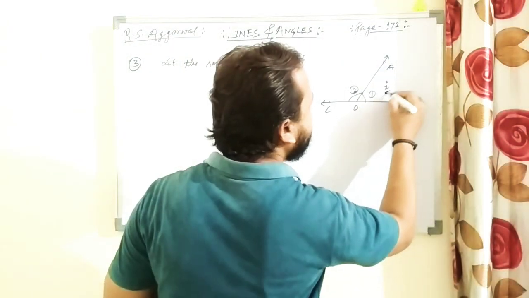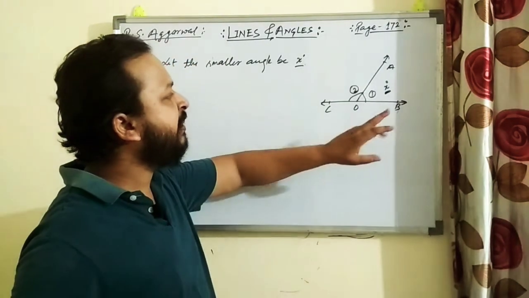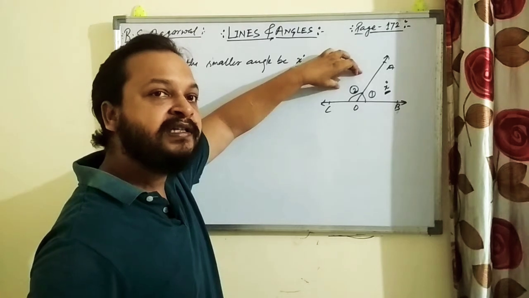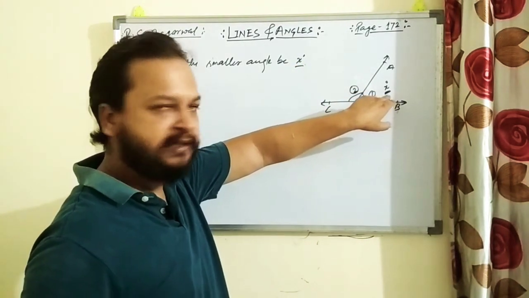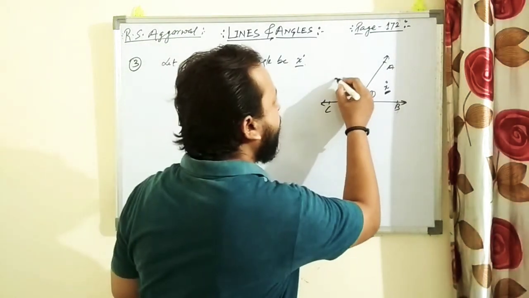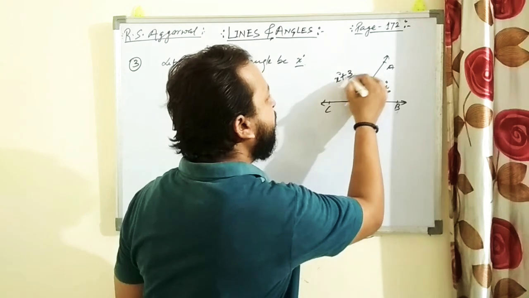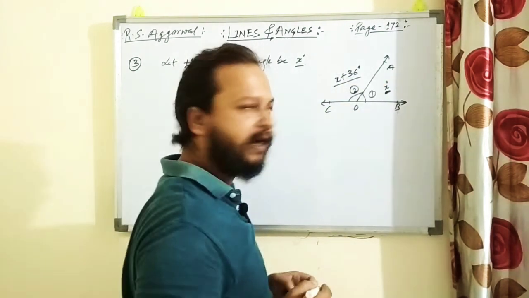If this angle is x degrees, it is written in the question that the larger angle is 36 degrees more than the smaller angle. So you know the smaller angle is x, right? If the smaller angle is x degrees, this angle is 36 degrees more. This means this is x plus 36 degrees, right?